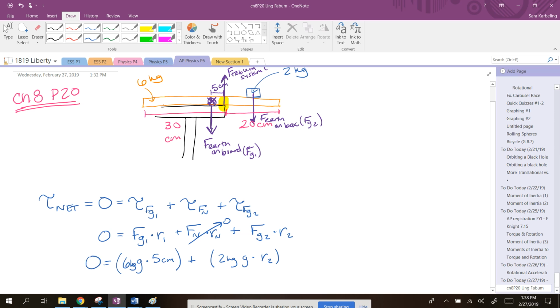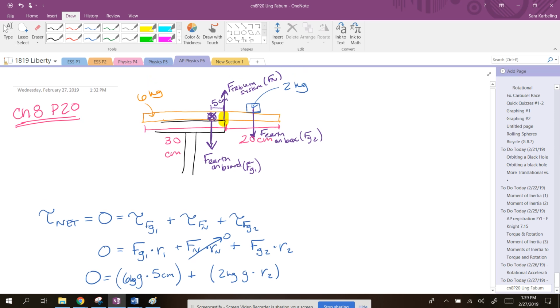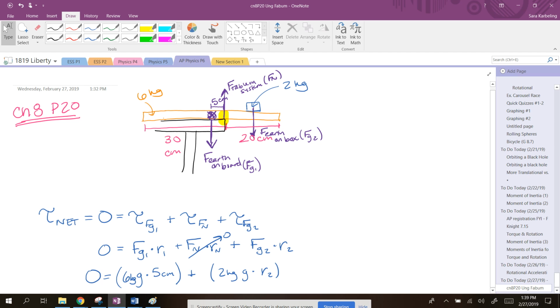How do I get two numbers to add up to 0? What do I know about one of them? One of them's got to be negative, right? Which one is going to be negative in this case? It doesn't really matter, does it? But if we're rotating about this center point, if it was just this thing, it's going to pull down this way.